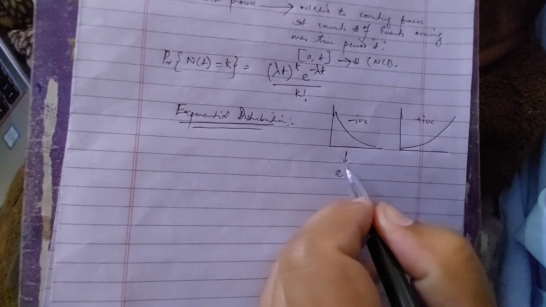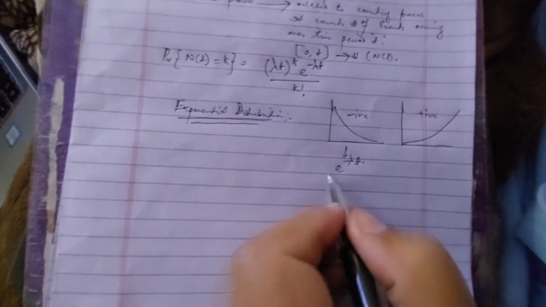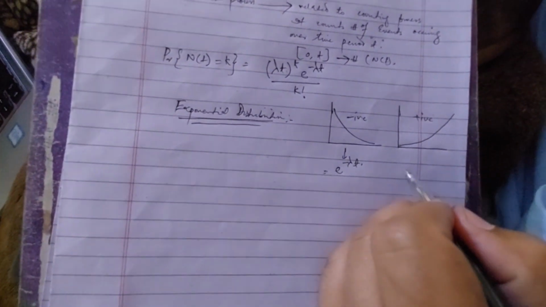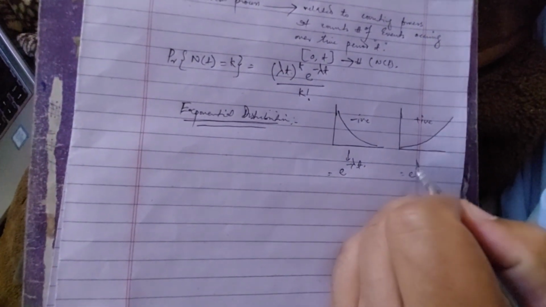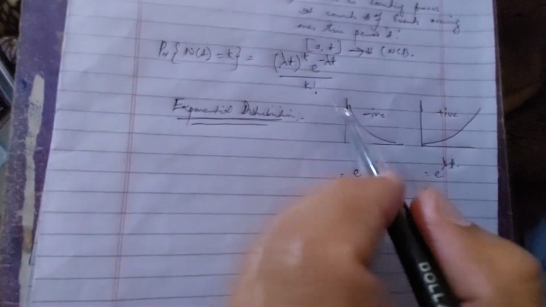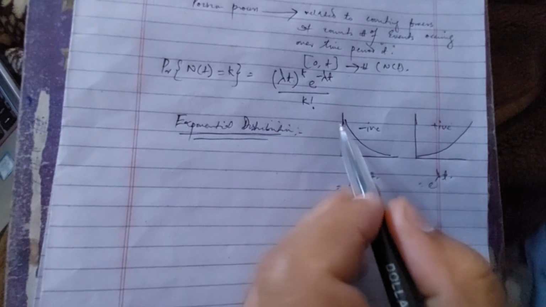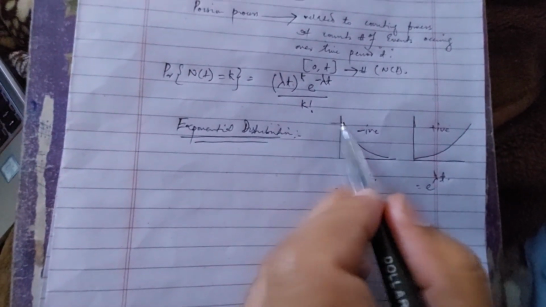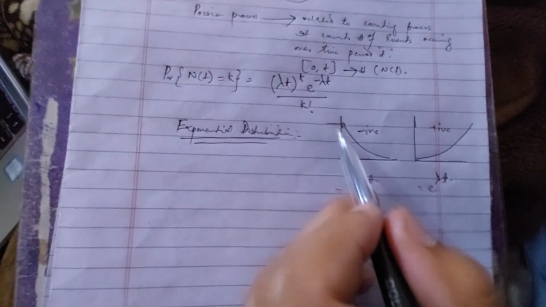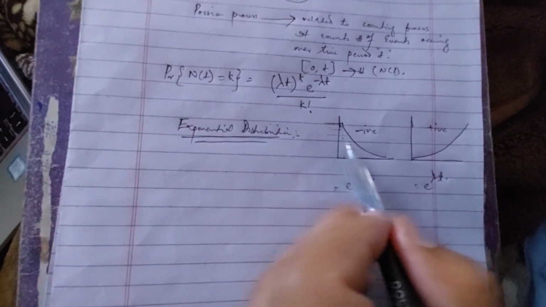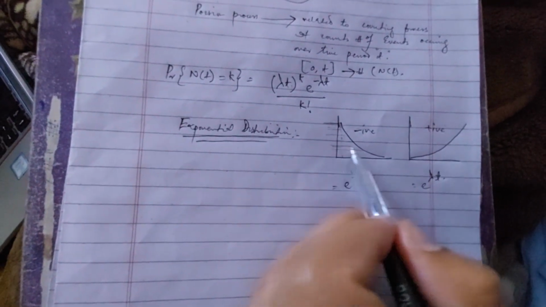One is e raised to power minus lambda t, and the other is e raised to power lambda t. It means that in the negative one, initially the parameter is high, but as the process goes on, the parameter decreases.